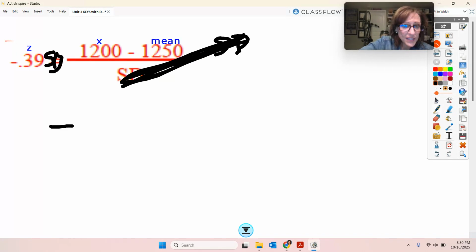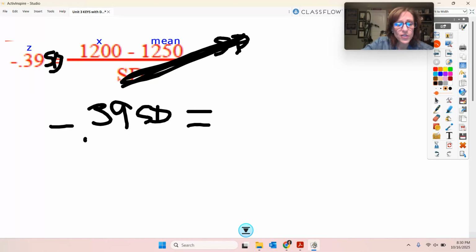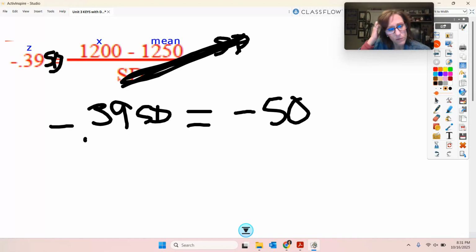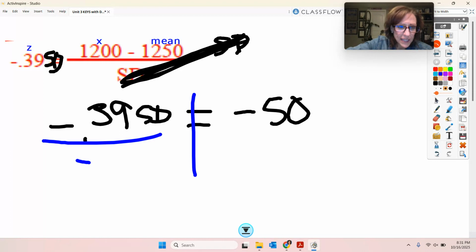So what I have is negative 0.39 standard deviations equals 1200 minus 1250. Well, I can do that in my head. That's negative 50. Okay, so there we go. Negative 0.39 standard deviations equals negative 50. Okay, now from here, we're going to divide by negative 0.39.